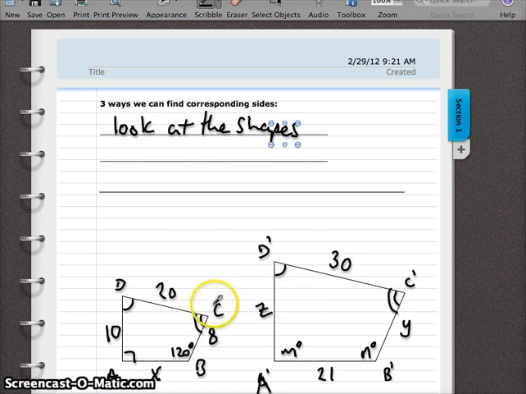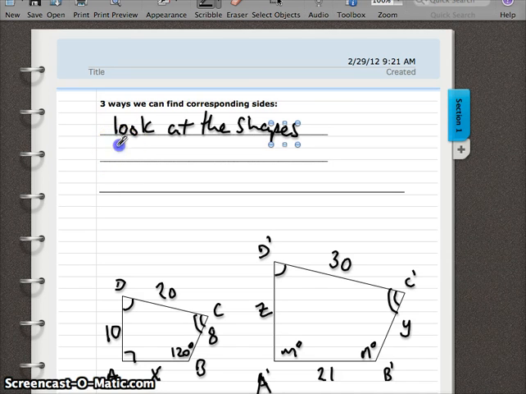So these two look similar. I mean, their shape is very similar. All that's really different seems to be their size. So if it's obvious enough that you can tell that this left side is corresponding with this left side, then that's enough. And you can set up a proportion. But just to make absolutely sure, there are two other ways that we can do it.